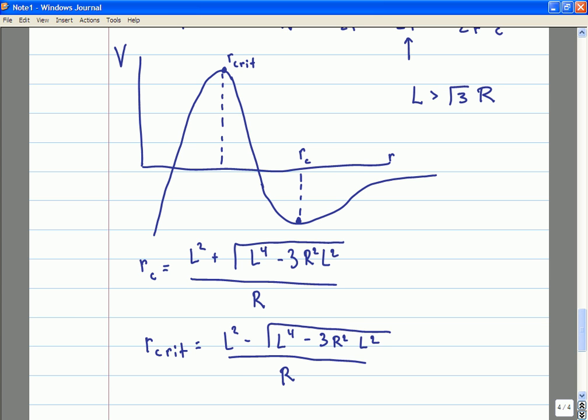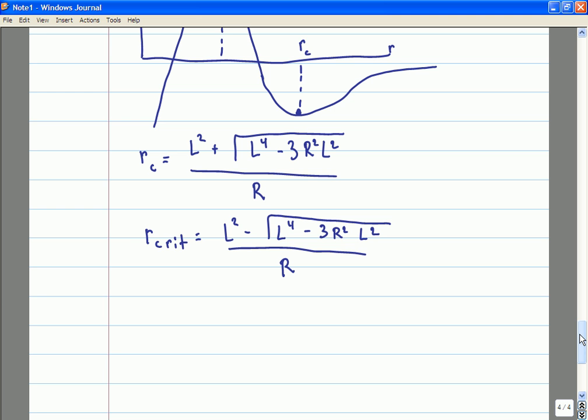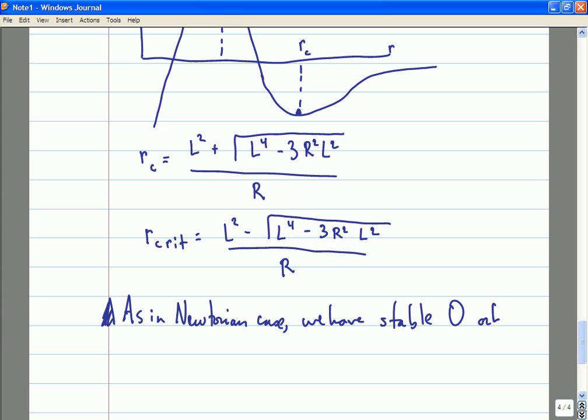So, we see that, again, as in the Newtonian case, we have stable circular orbits at RC.